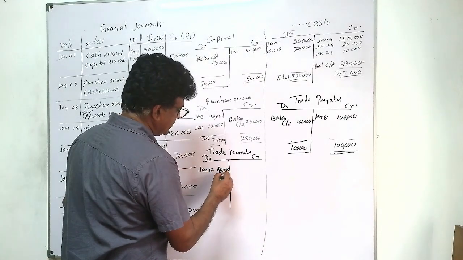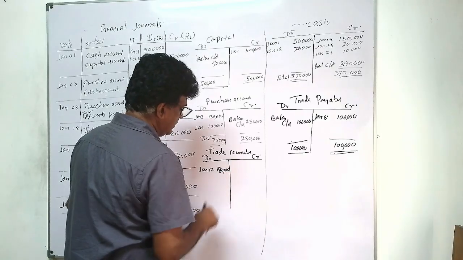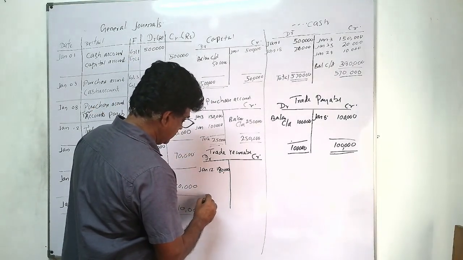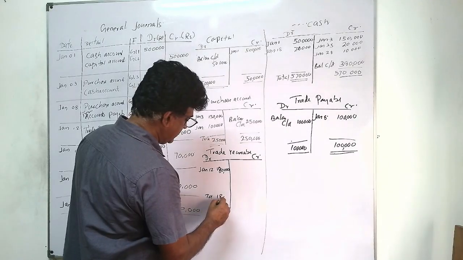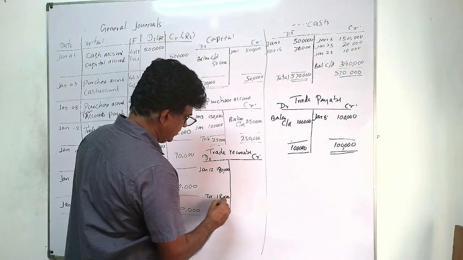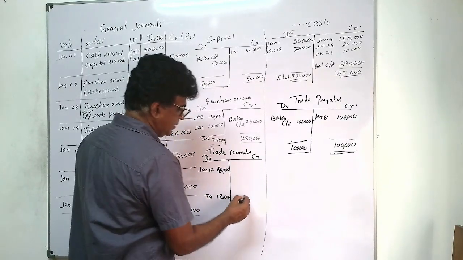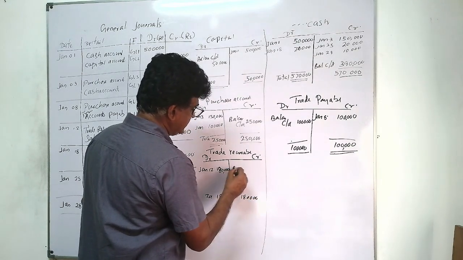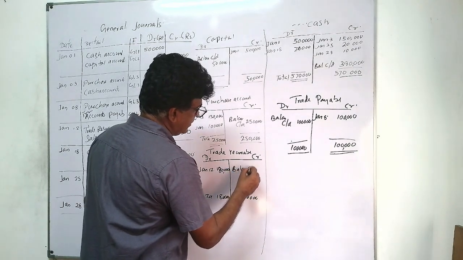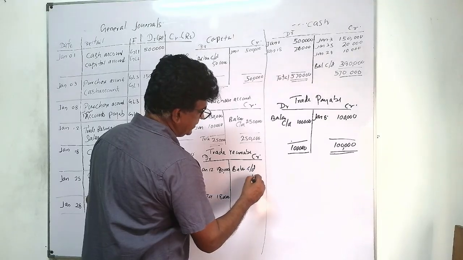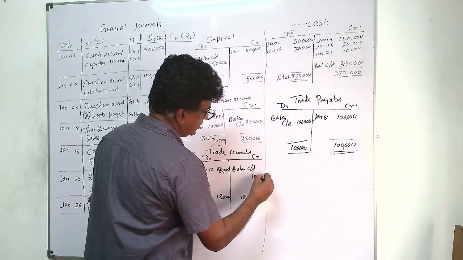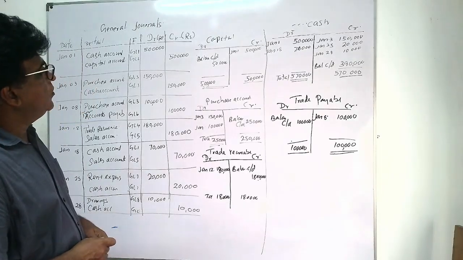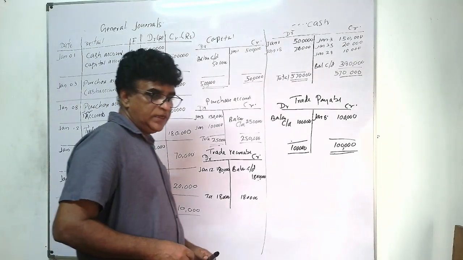That's it. Then the total is 180,000. Balance carried down is 180,000. This is the balance of trade receivable. Now 5 accounts are over.